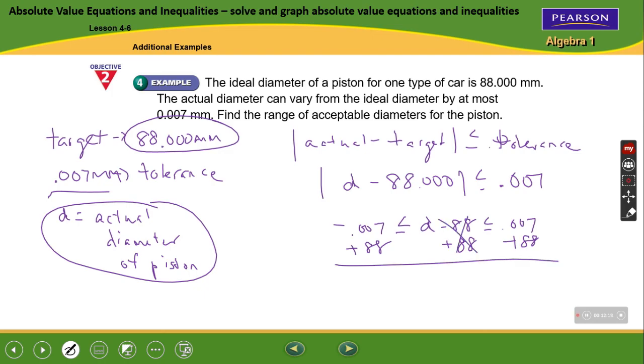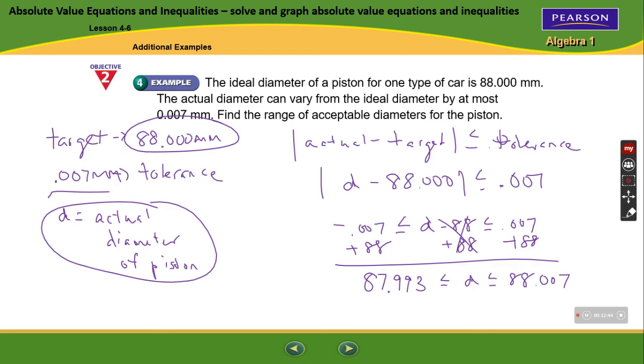Cancel that out. We have 87.993 less than or equal to D, which is less than or equal to 88.007. So what we just found out, and we probably could have done this logically, but again, I'm trying to show you a strategy and a formality that you can use to apply to other problems if they become more difficult than this one.